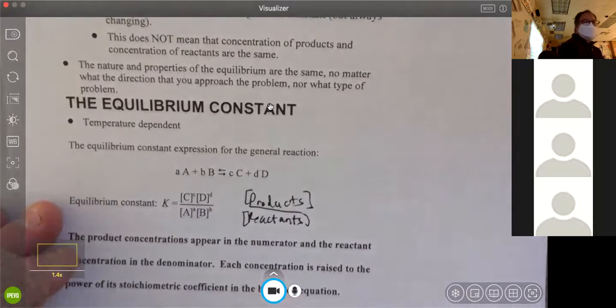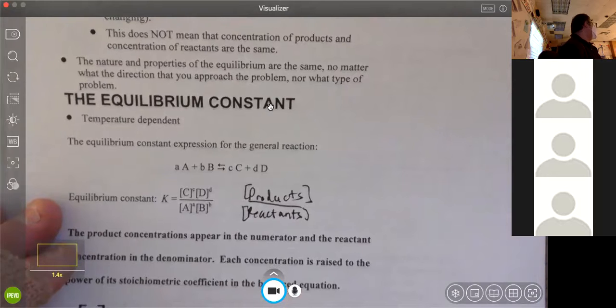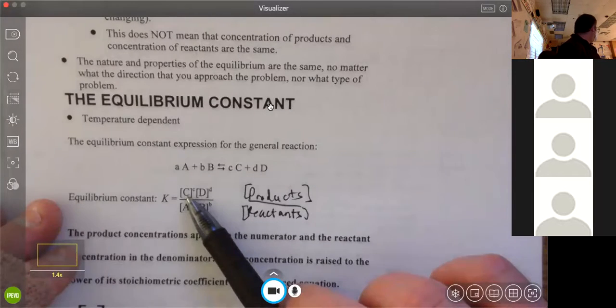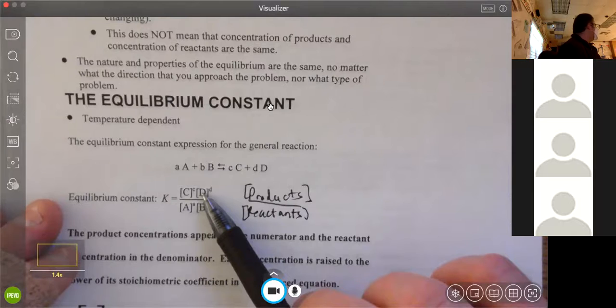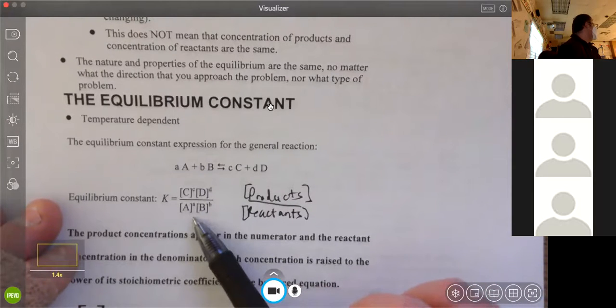Now, again, why is this? Well, when we do this, we look at these as elementary reactions, which means that their rate laws would be based on their coefficient. So we are comparing the elementary rate of the products to the elementary rate of the reactants. Does that make sense?